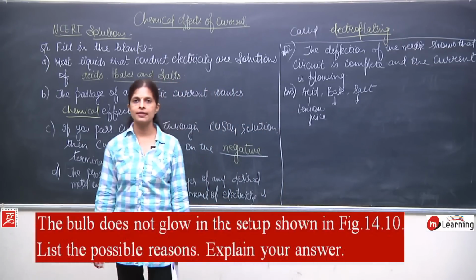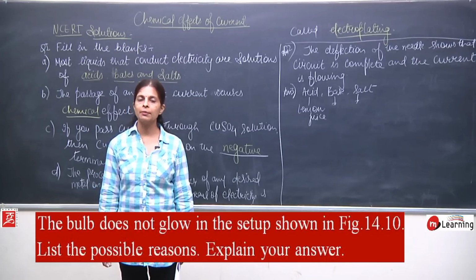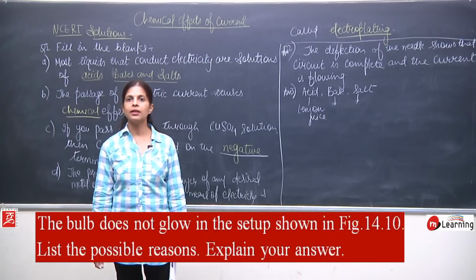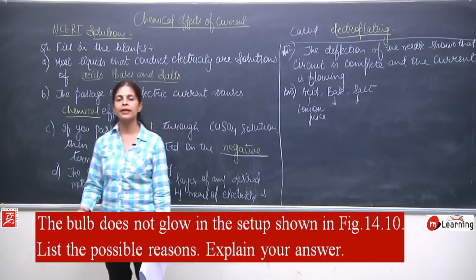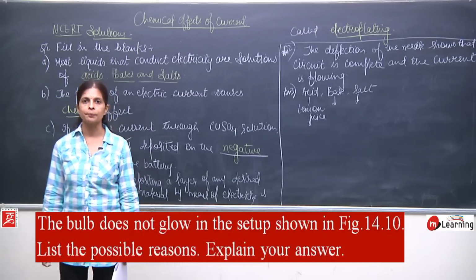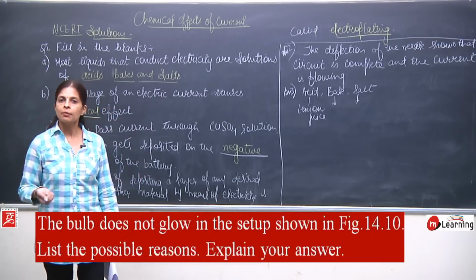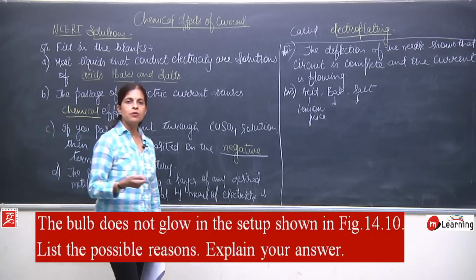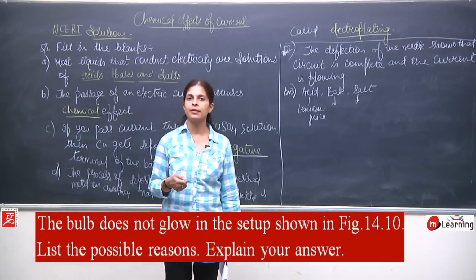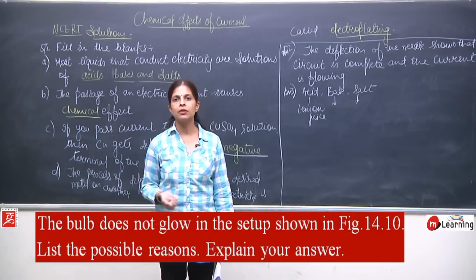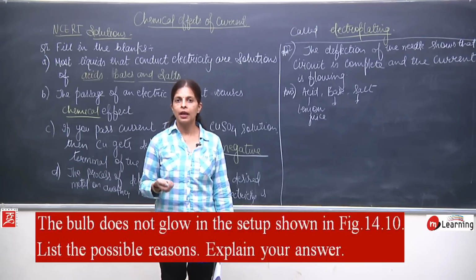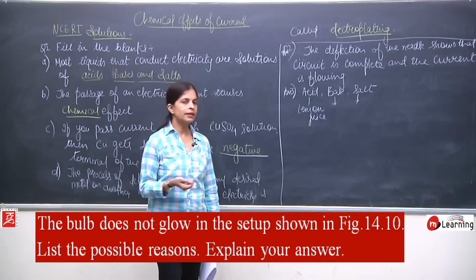What can be the reasons? So, children, the reasons can be like the solution is not a good solution, it is not getting divided, the electrolyte is not working. Yes. Maybe the current which is produced is very feeble, very weak, and due to which the bulb is not able to glow. And so, these are the reasons.